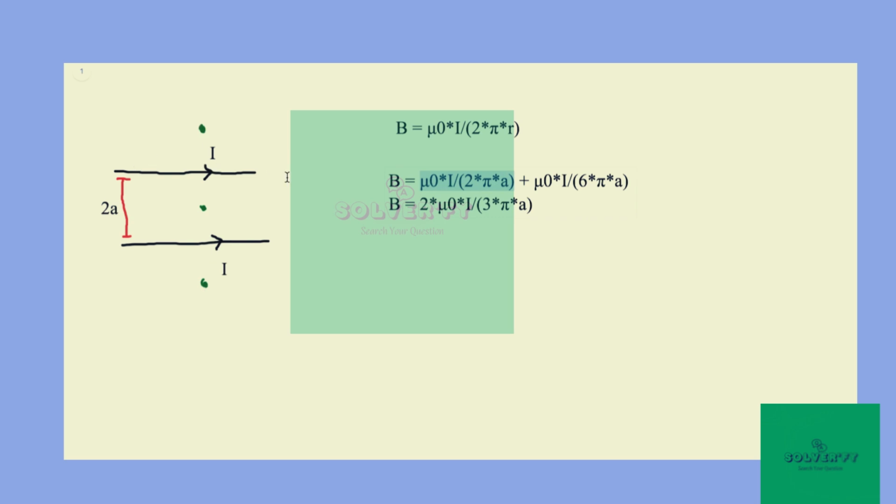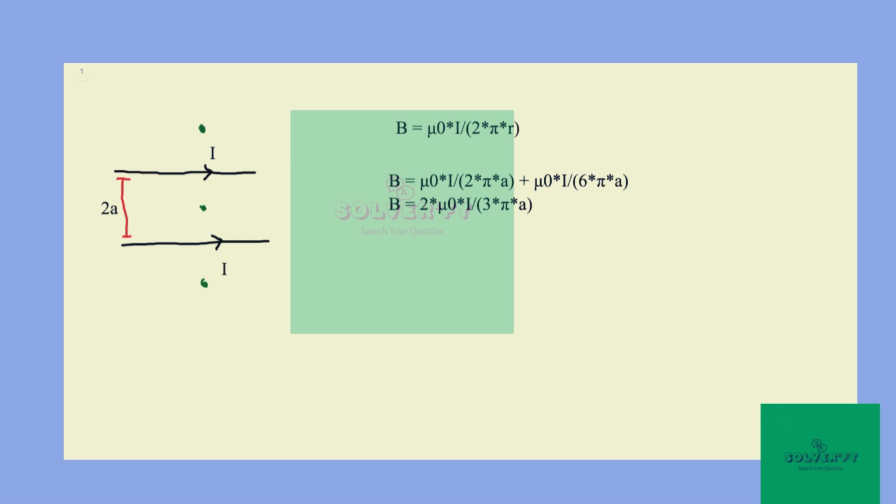And then the contribution from the upper wire is going to be a distance 3A from this point. So that's going to give us 6A, 6 on the bottom down here. So when we add these up, this is actually just the exact same magnitude as we got in part B. So the magnitude of the magnetic field in part C is the same as it was in part B.